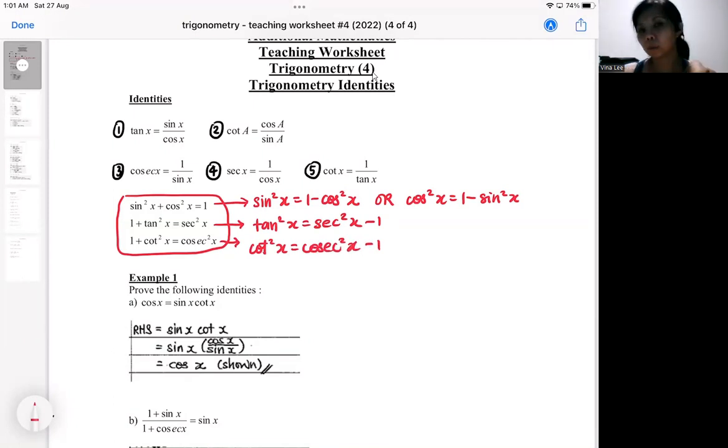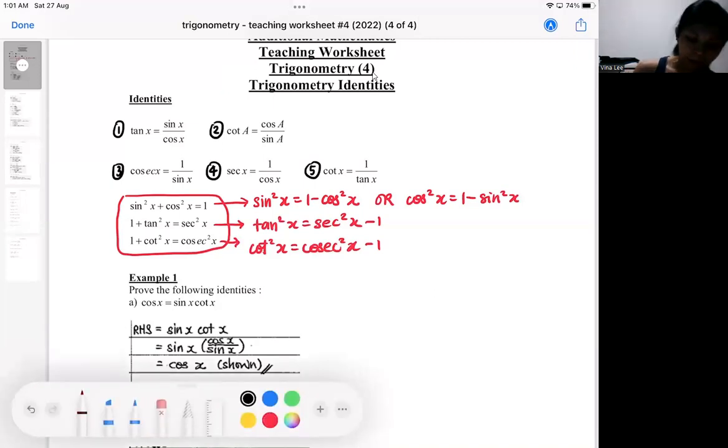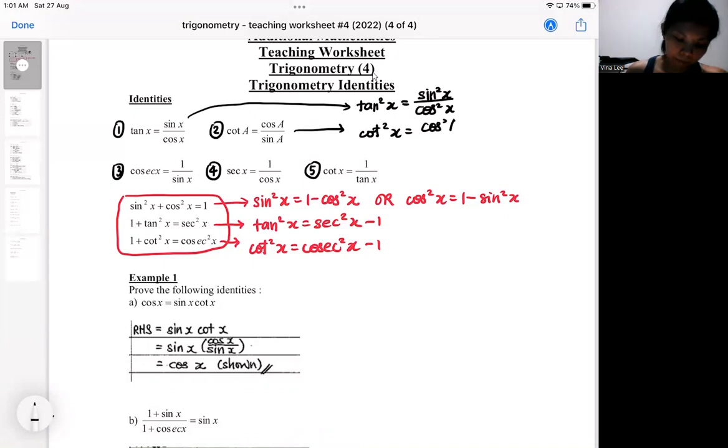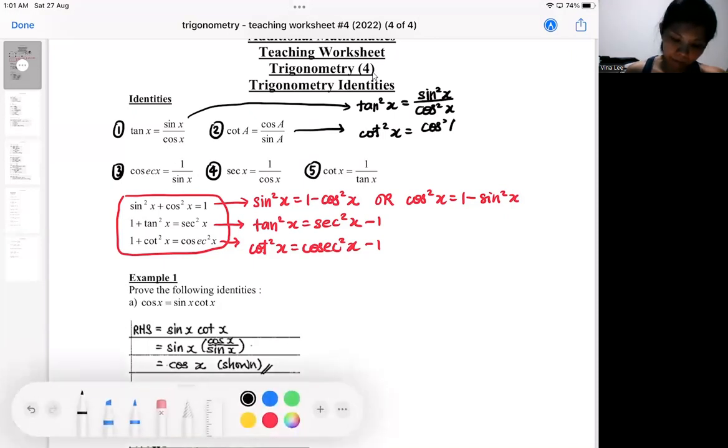Back to the basic 5 formulas. Sometimes I can do something like this. I can have a tangent square. From tangent x equal to sine x over cos x, it is actually sine square x over cosine square x. Same thing here, I can make it into a cotangent square.